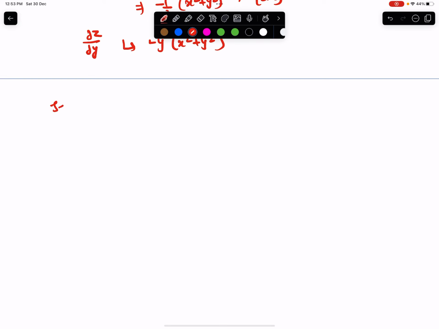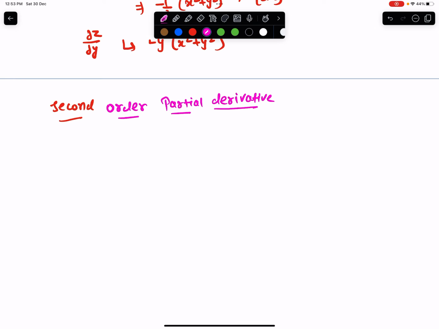If we have to find the second order partial derivative, let's solve this.